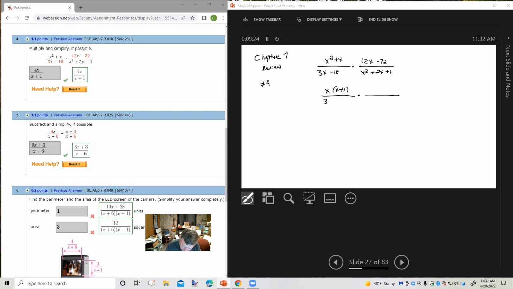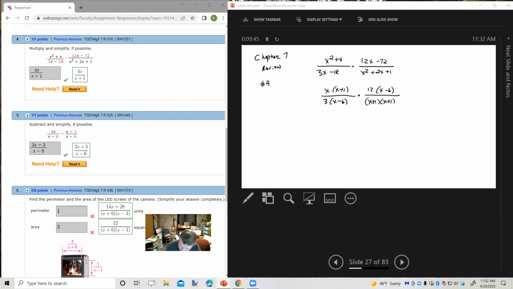The denominator, taking out a 3, we get x minus 6. The 12x minus 72, factoring out a 12, we get x minus 6. And x squared plus 2x plus 1 is x plus 1 times x plus 1. So factoring everything, we get that.